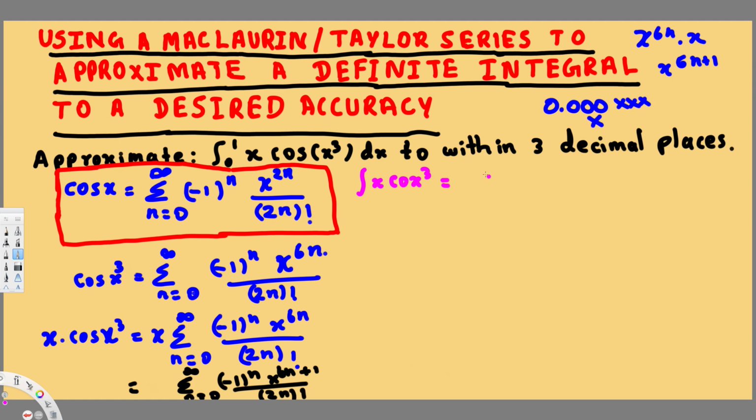Integrating a power series is very simple because we are going to integrate only this part right here, right? Others will remain the same. This is going to be negative 1 power n, x power 6n plus 1 over 2n factorial.